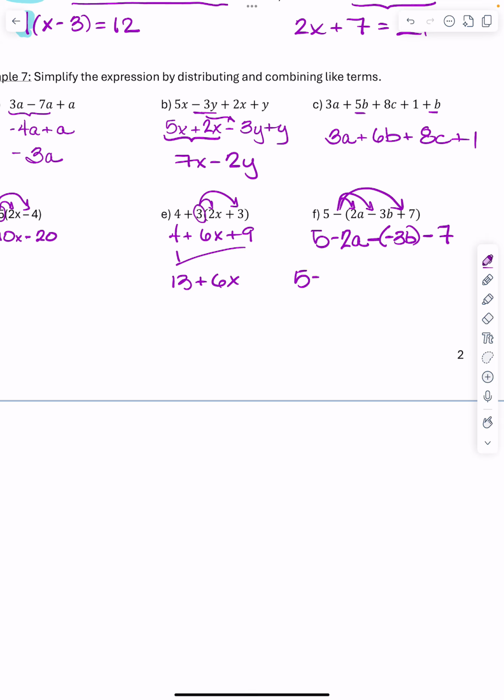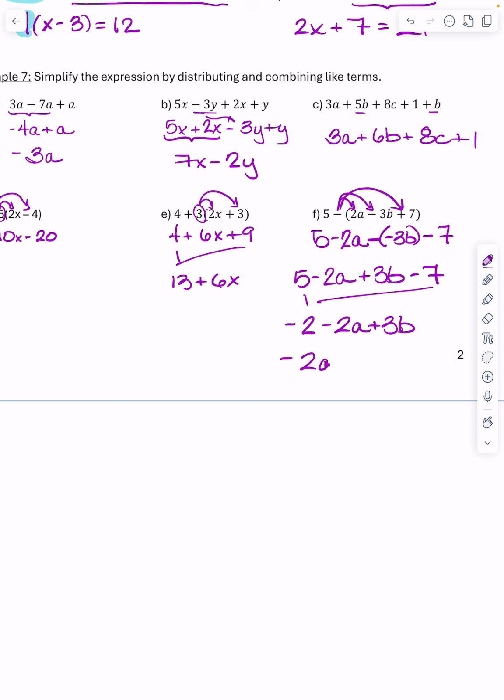We want to be very careful and make sure we don't ignore that double negative, because minus a negative means we are adding the opposite, and we want to acknowledge that there with that 3b. Now I've got 2 constant terms. I got this 5 minus 7. Where we put the constant doesn't really matter. A lot of times we like putting it at the end. So both of these are perfectly fine. They say the same thing.